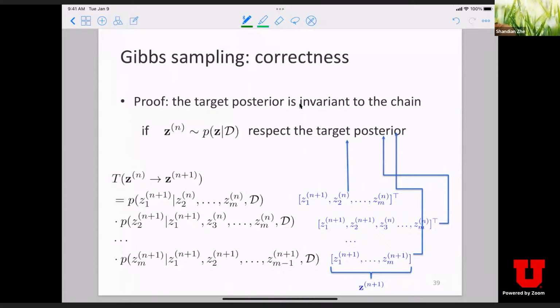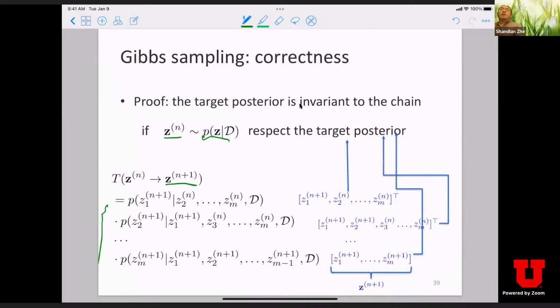So suppose at step n, I indeed get a random vector which is sampled from the true posterior. Then we generate a new state or sample of Z, which is Zn plus 1, following these m steps.